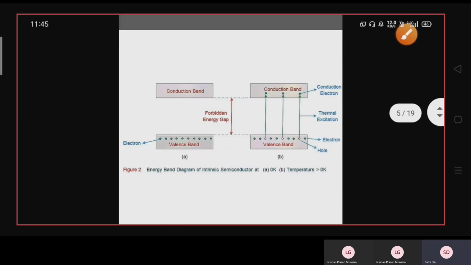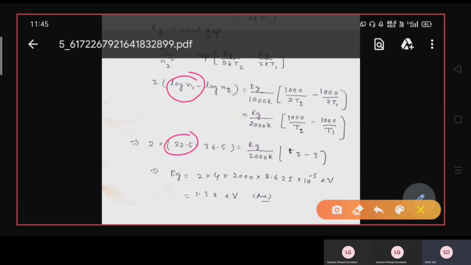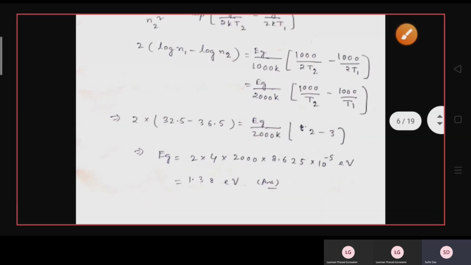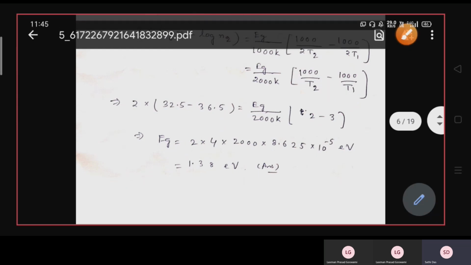So we put this value exactly here. We put log n1 as 32.5 and log n2 as 36.5 and 1000 by T2 as 2 and 1000 by T1 as 3. So Eg we get as 1.38 electron volt.